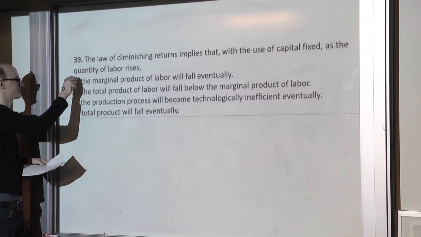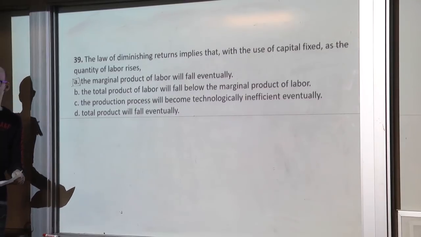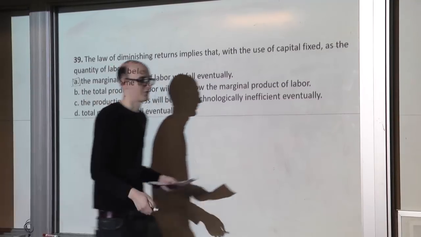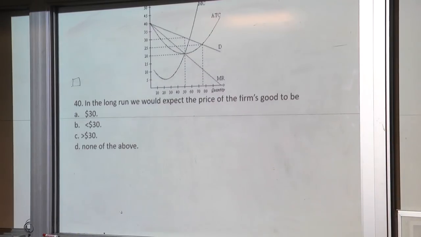So maybe the 60th worker only produces 0.5 Big Macs, whereas the second worker produced 6 Big Macs. So as you increase labor and keep capital fixed, the marginal product of labor will fall. So the answer is A.